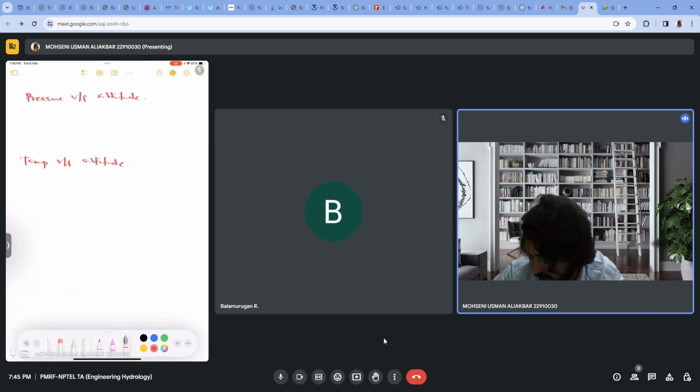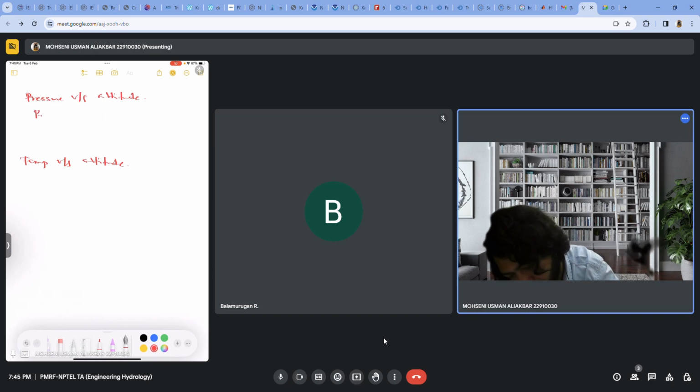So we have equations for both of these. The equations are P2 equals P1 times (T2 by T1) whole raised to g divided by alpha Ra, and T2 equals T1 minus alpha (Z2 minus Z1).